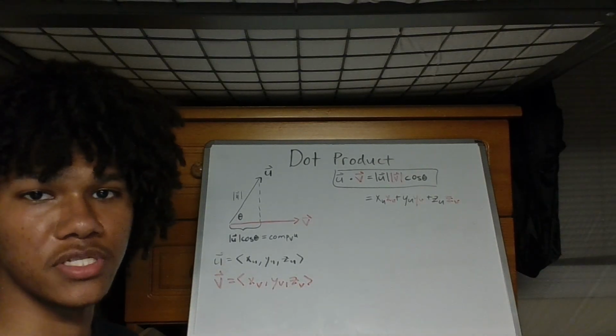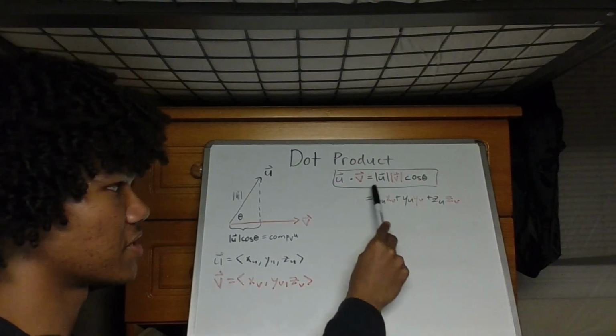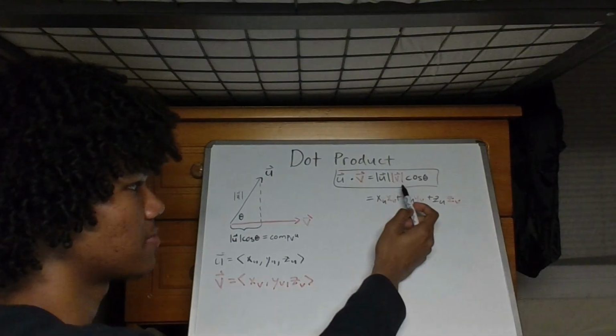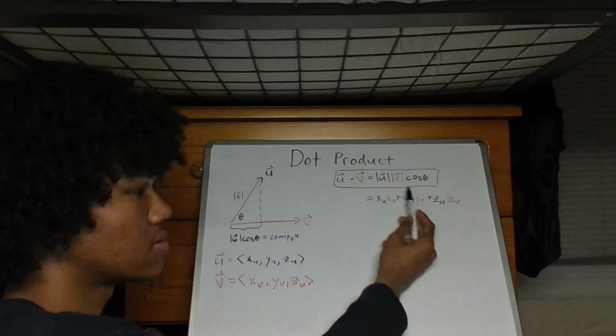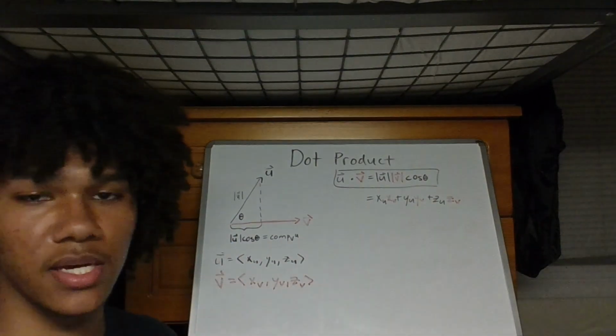So given that understanding, you arrive at this definition of the dot product, which is the magnitude of u multiplied by the magnitude of v multiplied by the cosine of the angle between them when they're put tail to tail.